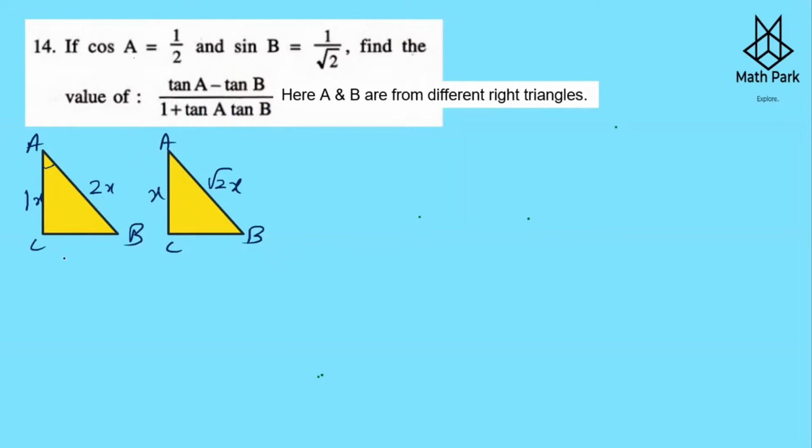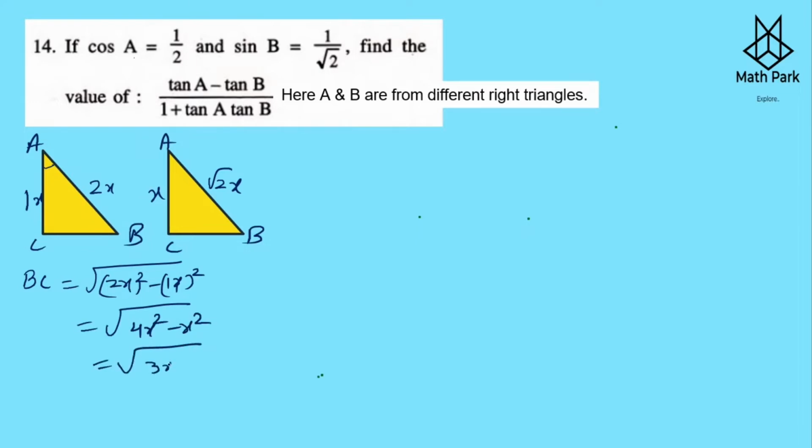So let us find the third side. So we have BC for this first triangle is equal to root of (2x) the whole square minus (1x) the whole square. So which is 4x square minus x square, that is root of 3x square, that is root 3x. So this is your root 3x, and let us find BC for the other triangle.